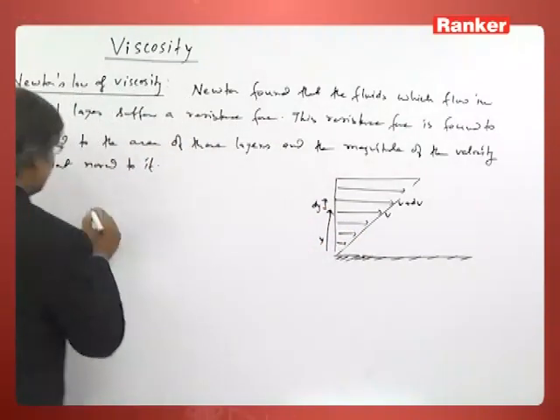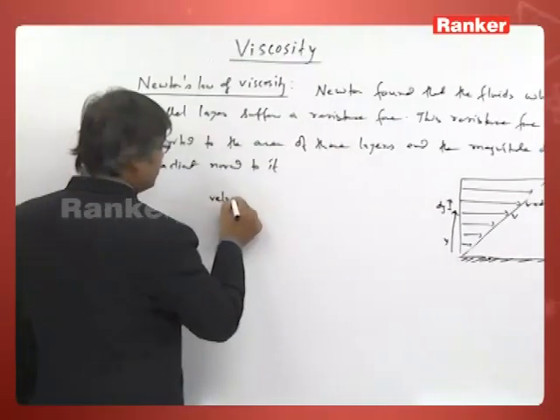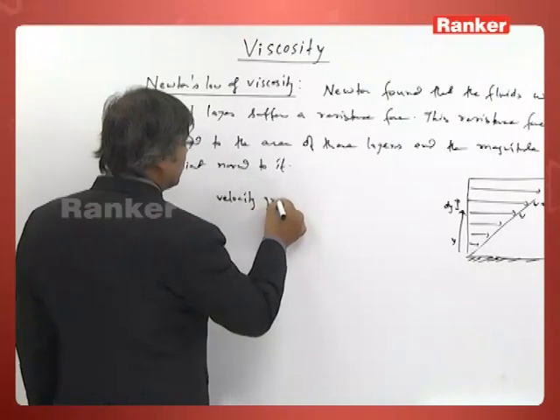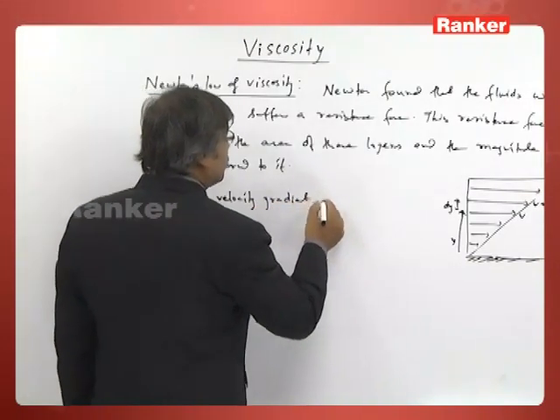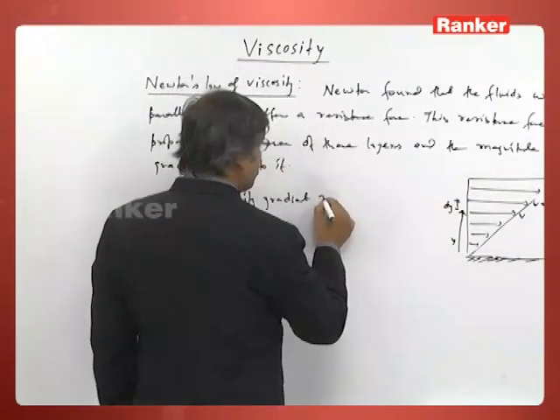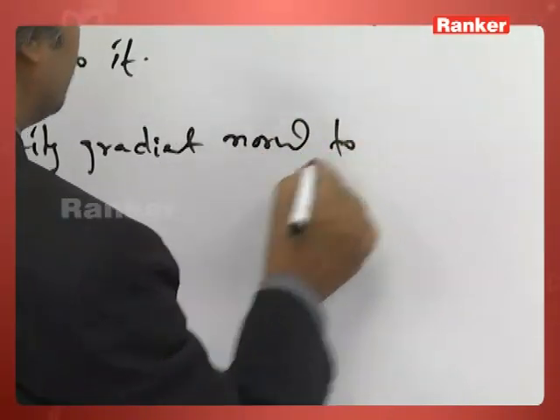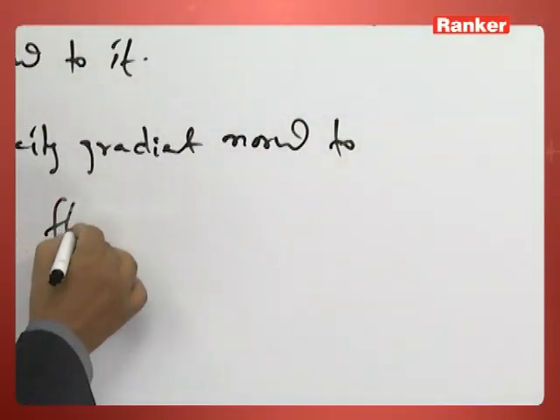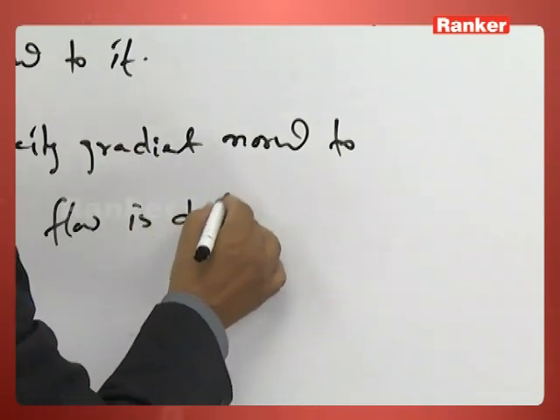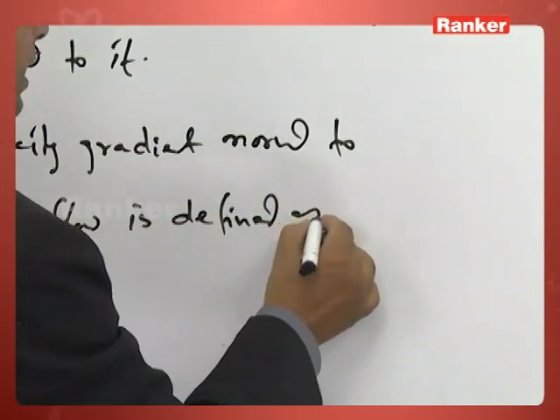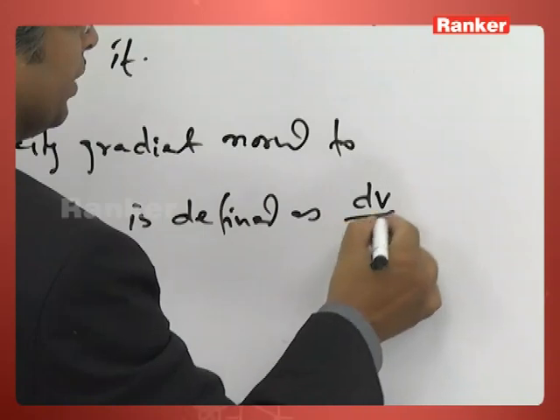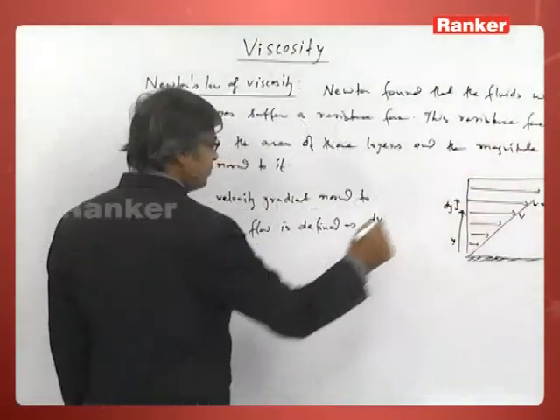So, here the velocity gradient normal to the flow is defined as dv by dy.